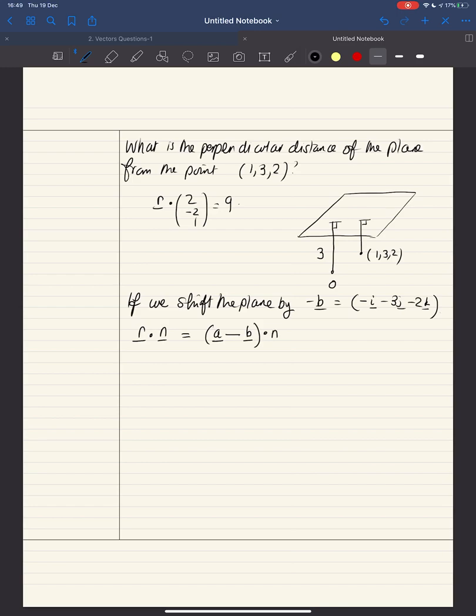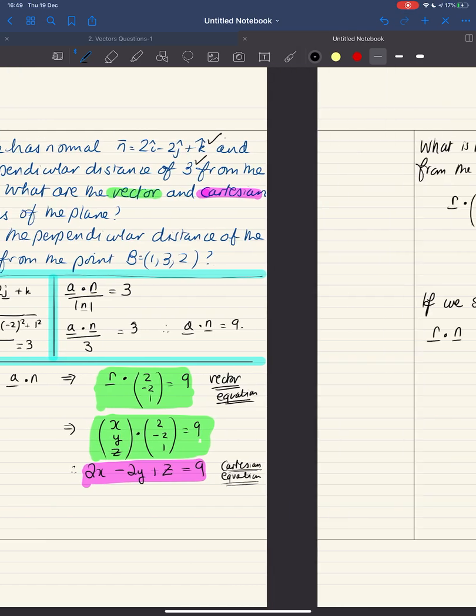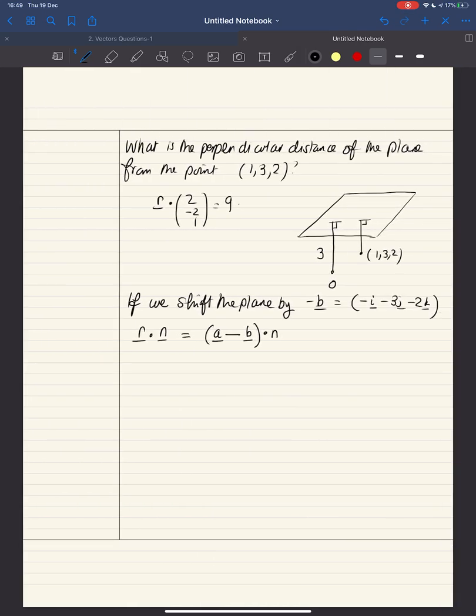Because the point that was on the plane, which we called A, r dot n is A dot n is the equation of the plane. But because we're going to move it by (1, 3, 2), we do r dot n is (A minus B) dot n. So this is for the new plane.